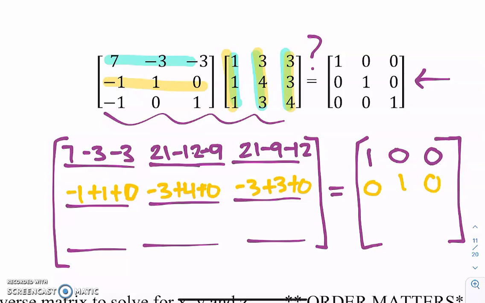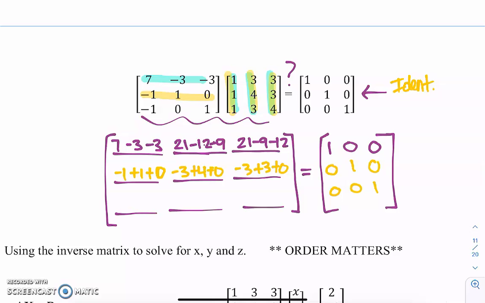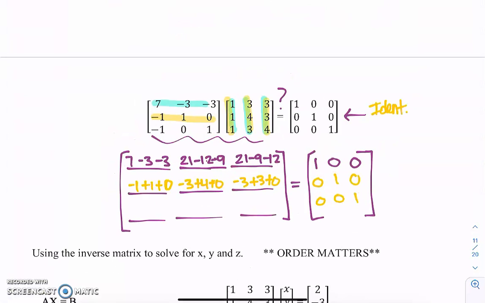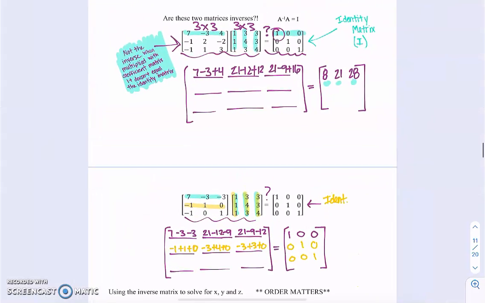If it starts out in the pattern of being the identity matrix, it's probably going to be the identity matrix. You're just getting it started to check. So I am confident that this will be your identity matrix. I also have the answer key, but this will be your identity matrix. So you don't always have to finish all of the multiplication.